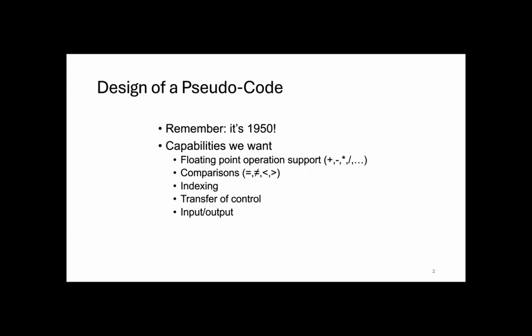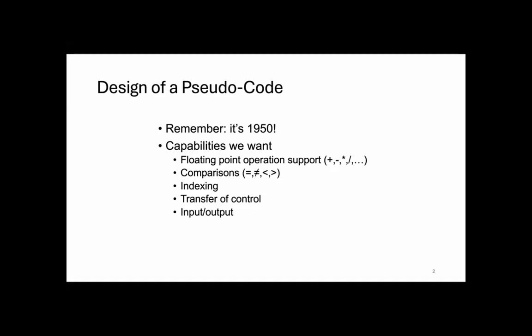If you remember, the machines at the time did not provide indexing, so we need to have it, similar to the floating point operation. The machines at that time didn't support floating point operation, so we want a way to make it easy for the programmers or coders to program the machines. We also want transfer of control, and we want input and output operations. These are the main things that we want to be able to do with our pseudocode language.